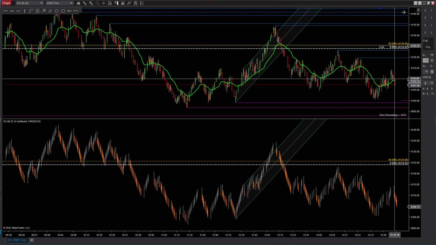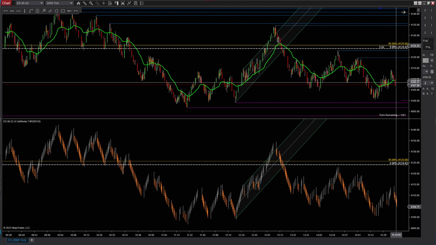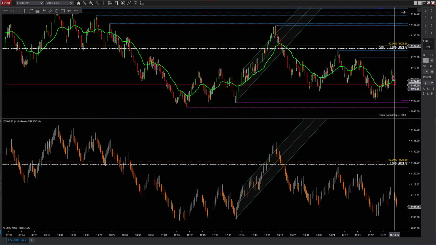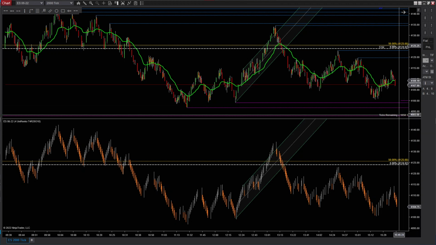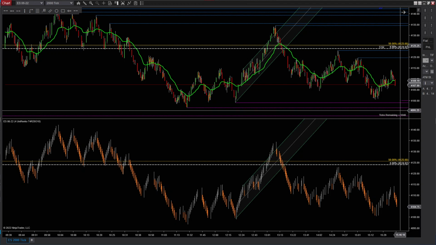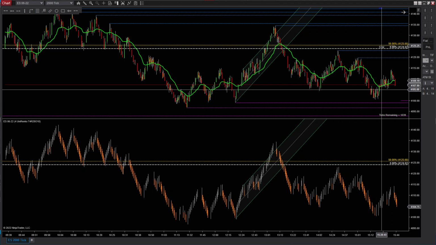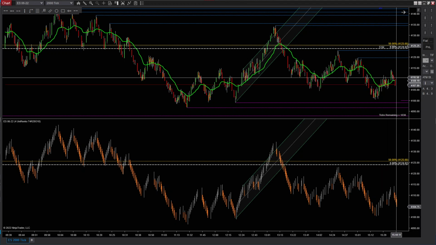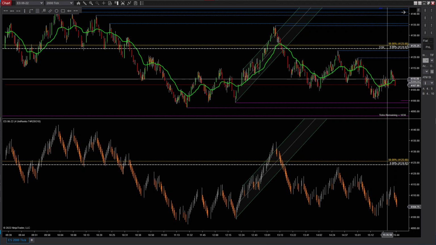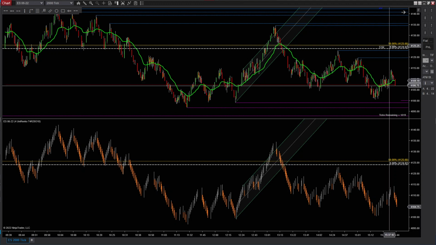But the size of this bar depends on how much the price moves within these 2000 ticks or 2000 contracts being purchased or sold. In this case, it started somewhere around 4110, and it's moving down to 4106.50.